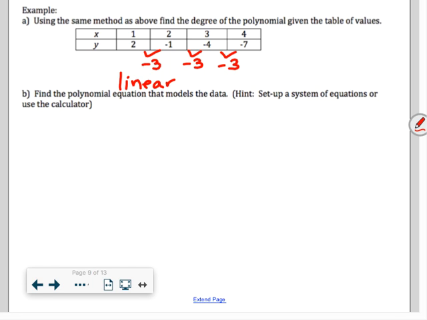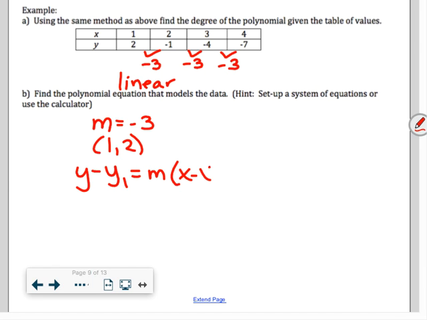Now it says find a polynomial equation that models the data. I want to go ahead and show you, you really shouldn't do regression for linear, because that's a real algebra 1 level that we should be able to do. The common difference is m, and then I pick any point x comma y, and I'm going to do point slope. So this is a good refresher for us on point slope.